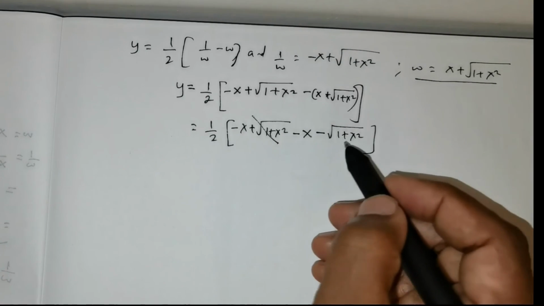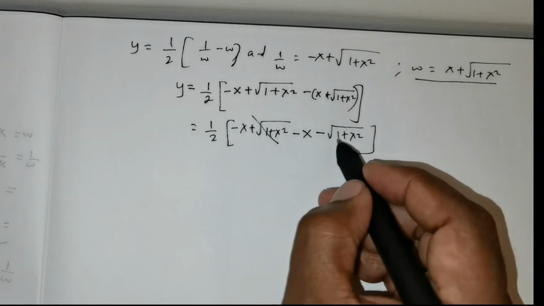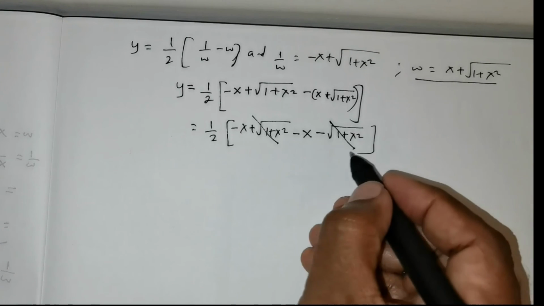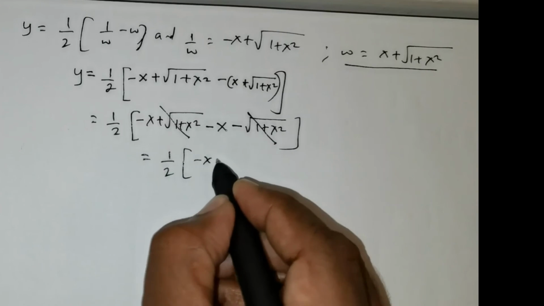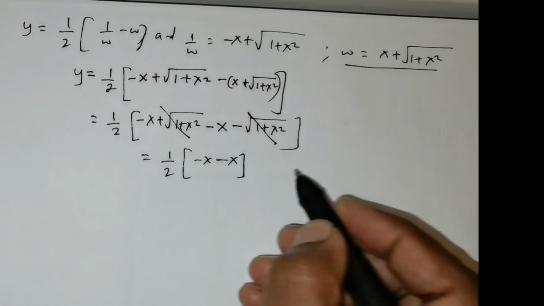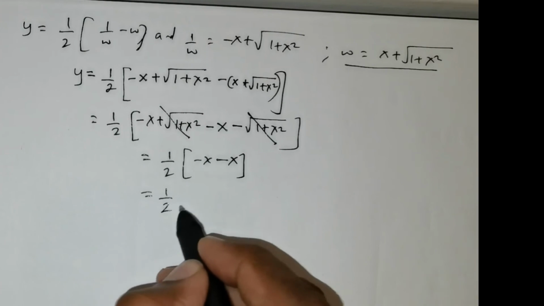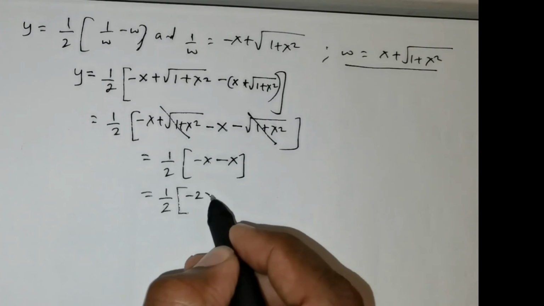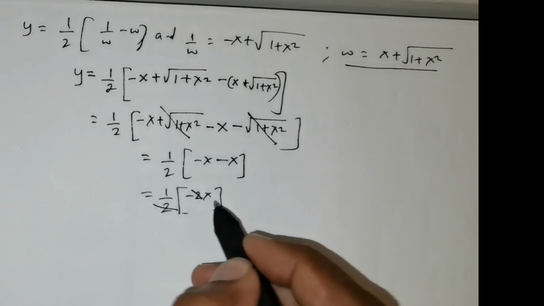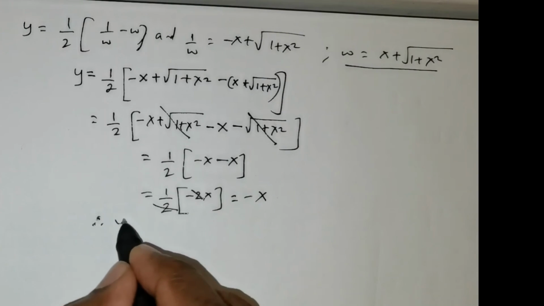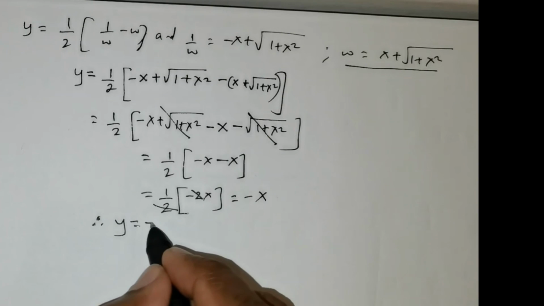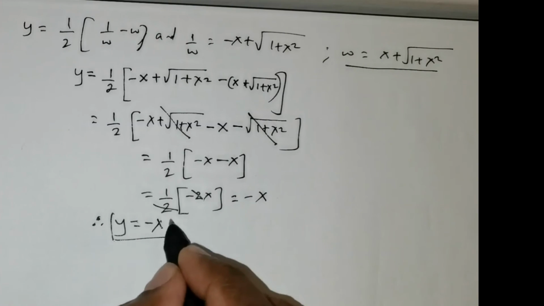Now, the positive √(1 + x²) and negative √(1 + x²) can be cancelled. This would give me 1/2 times (−x − x). I can rewrite this as 1/2 of (−2x). Cancelling the 2's, we would have −x. So we have got a value for y, which is −x.